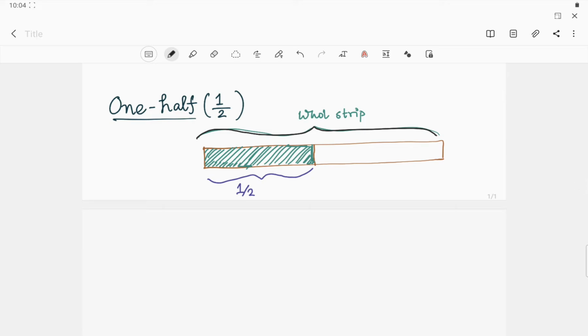One part is shaded and another part is not shaded, so each part is called one half, because total parts are 1 and 2, right? But I have shaded only one portion or one part, so I can say I have shaded one part out of two parts, that is called one half.